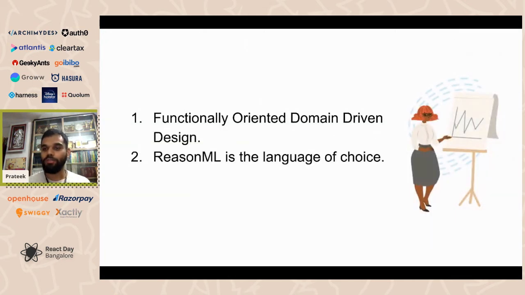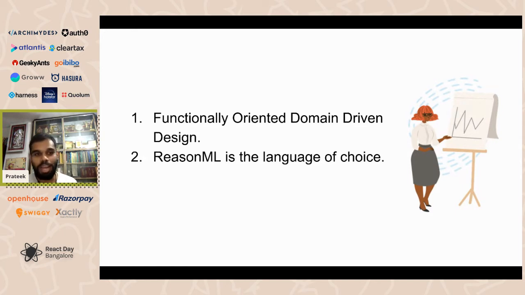So I will be explaining this process: how we use domain-driven design through a product requirement document which I have created. I'll walk you through it, and then I'll show you the domain model. Two things to note: the domain-driven design which I'll be showing you is functionally oriented, and ReasonML is the language of choice.